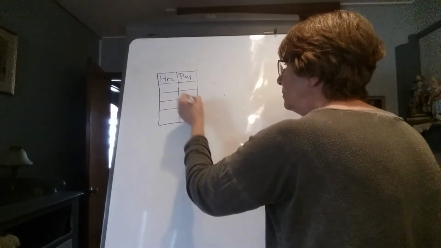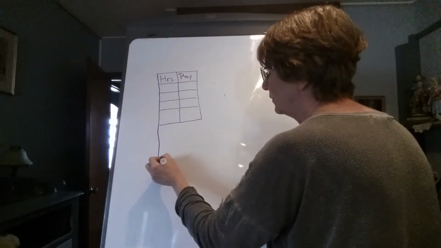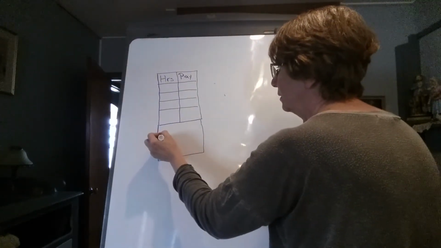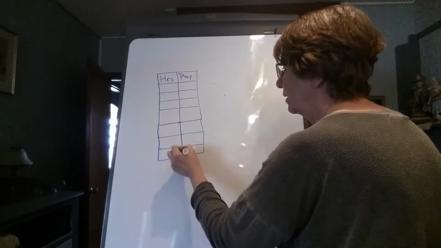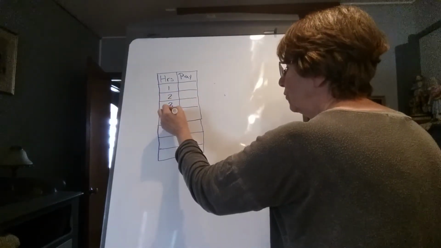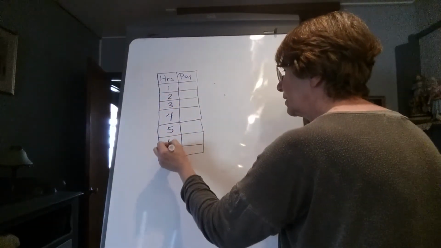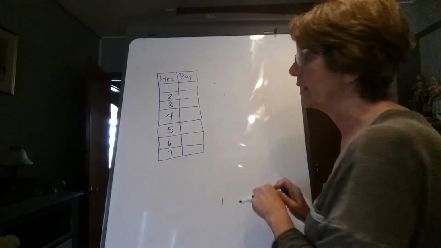He worked 3 in the morning and 4 in the afternoon, so a total of 7. So we had 1 hour, 2 hours, 3 hours. There's his morning. 4 hours, 5 hours, 6 hours, and 7. And he was paid $6 for every hour he works.